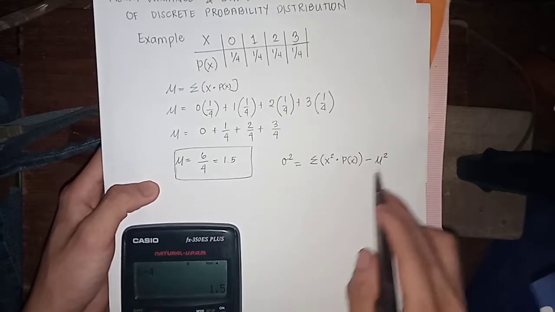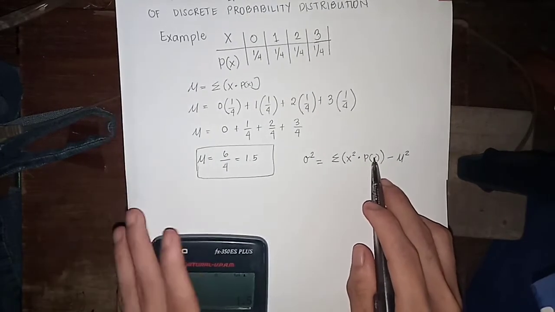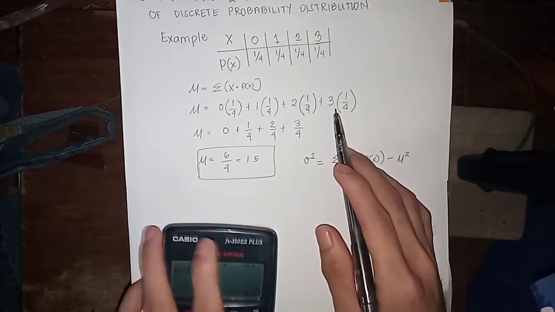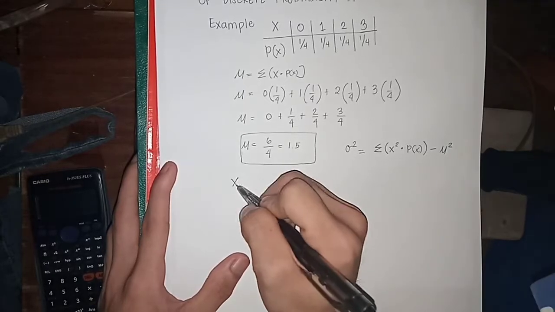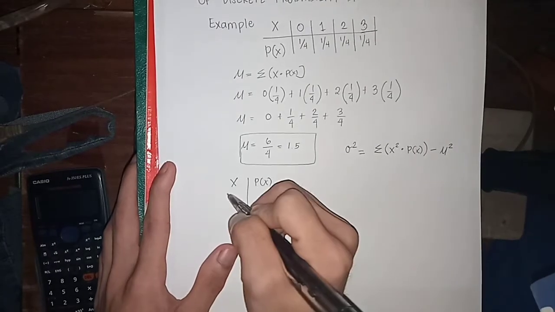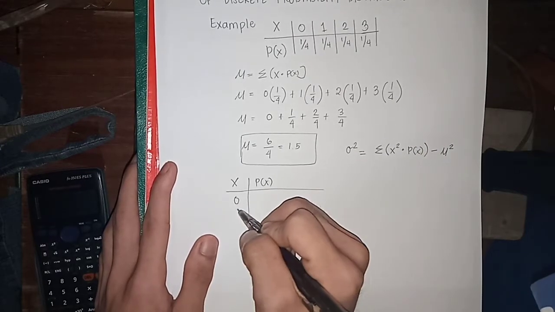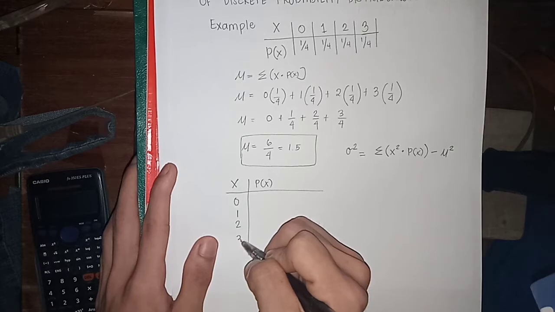Magagawa natin yan through constructing a table. I-reconstruct lang natin yung table na to into a vertical form. So, we have x, p of x. Okay? So, I have the outcome 0, 1, 2, and 3.